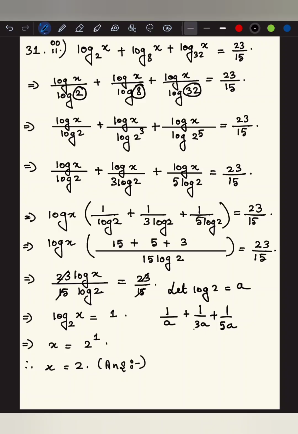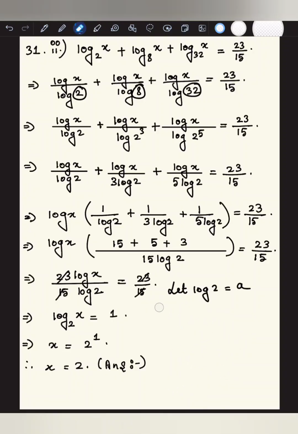In order to simplify it, we need to take the LCM of a, 3a and 5a. First divide everything by a, so it will be 1, 3, 5. So our LCM comes out to be a into 3 into 5, which is equal to 15a. So our LCM will be 15 log 2. That is what I have written here, right?